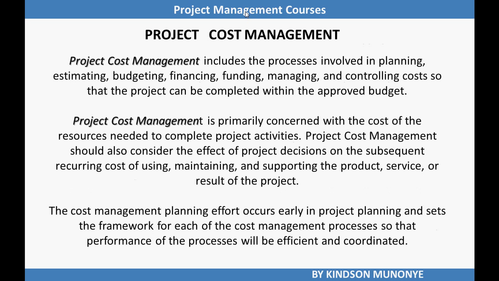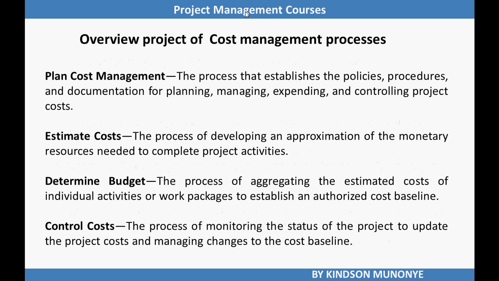We now want to take a look at the various processes in the project cost management knowledge area. There are 4 important processes in the project cost management knowledge area, and take note that these processes relate with themselves. The first one is plan cost management, and this process establishes policies, procedures, and documentation for planning, managing, expending, and controlling project costs.